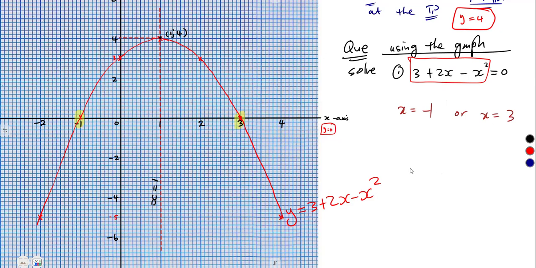If you were given something like this, solve, they will give you something like 5 + 2x - x² = 0. I want us to be together on this one. You have drawn the function 3 + 2x - x². So do not rush, because you just see there's a 0 there and say these are the roots on the x-axis. No, check properly.